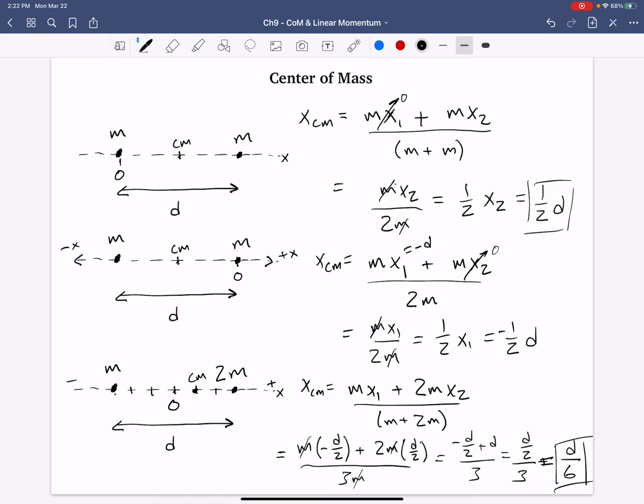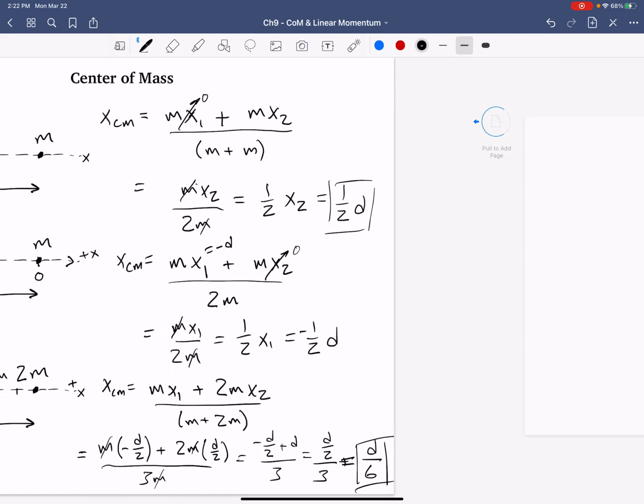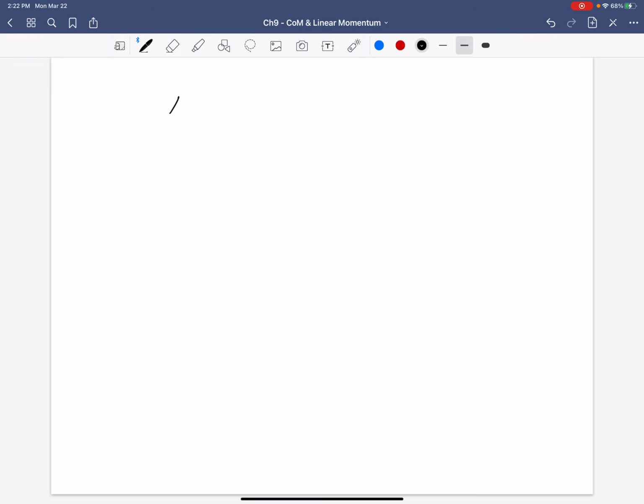Okay? So, in essence, the equation for the center of mass, or rather the algorithm, is 1 over the total mass, and then we're multiplying by the sum of all of the masses and all of their positions. Right?